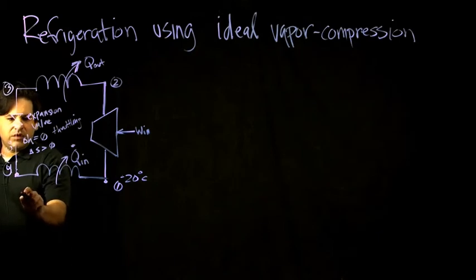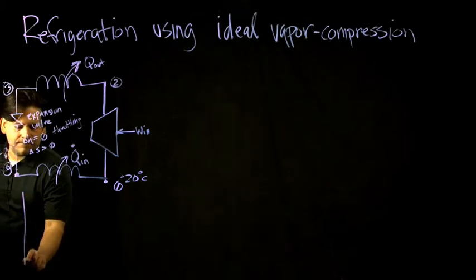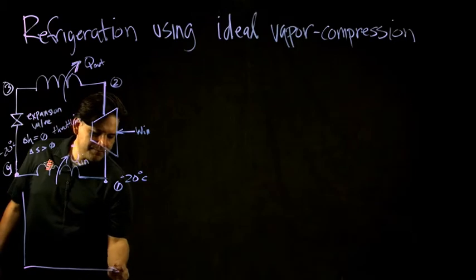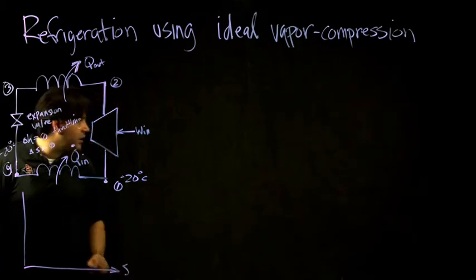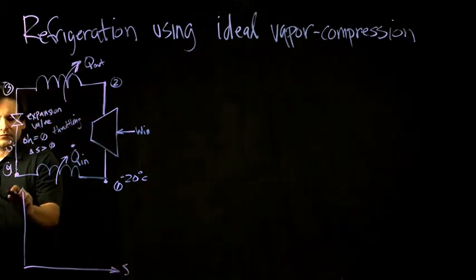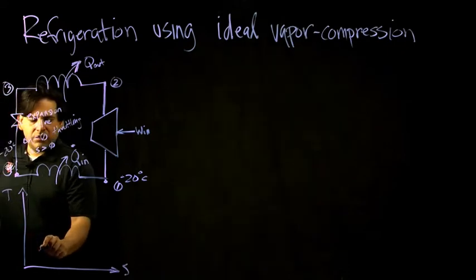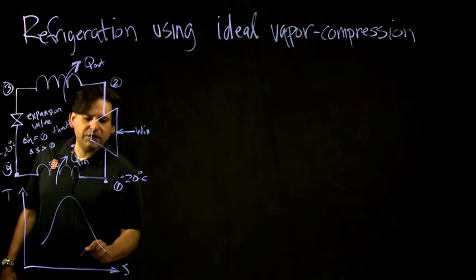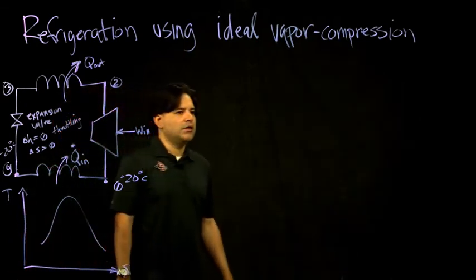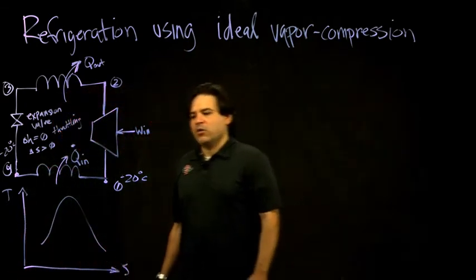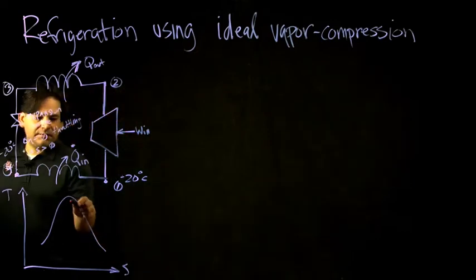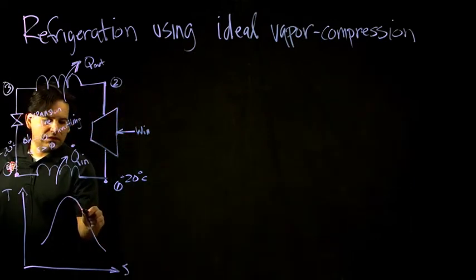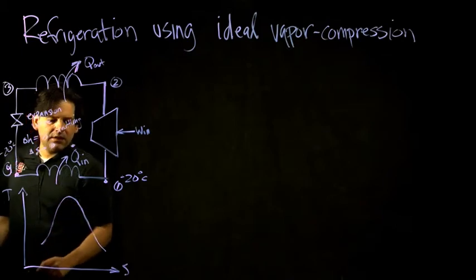Okay, so let's draw this on a temperature enthalpy diagram. This is the enthalpy. This is the temperature. This process operates around this saturated vapor dome, but we're not working with steam here because steam doesn't get cold as we want. We want to freeze ice.